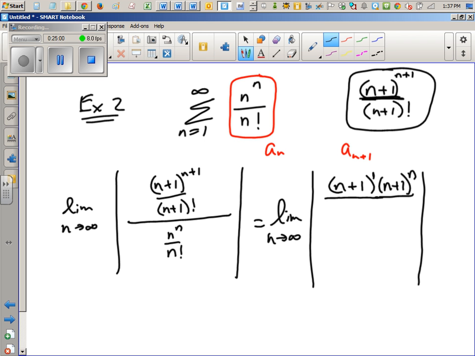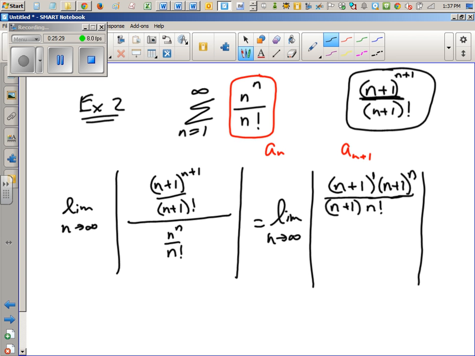N plus 1 factorial literally means n plus 1 times 1 less than that, n. Times 1 less than that, n minus 1. Times 1 less than that, n minus 2. In other words, n plus 1 factorial is the same as n plus 1 times n factorial.